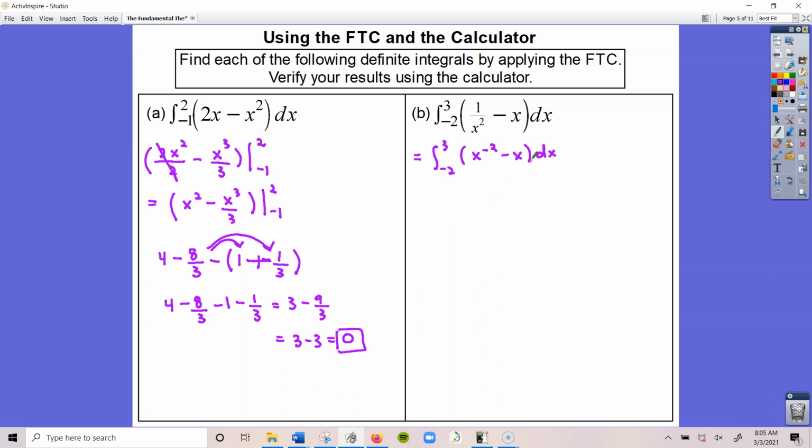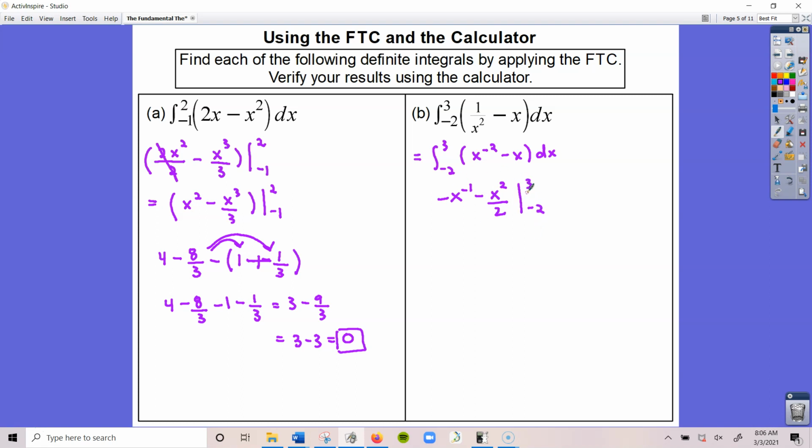Now I can find the antiderivative of this by adding 1 to the exponent. So if I add 1, that's x to the -1 over -1, which would just make this negative, minus x squared over 2.